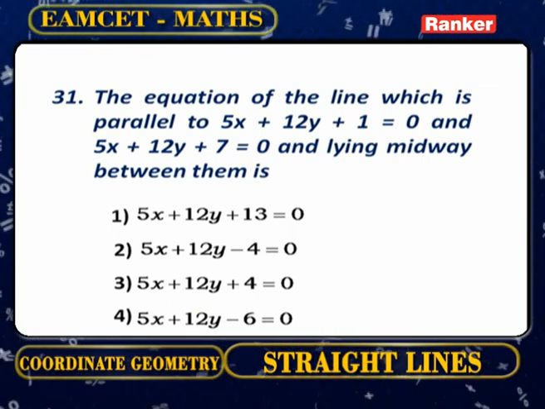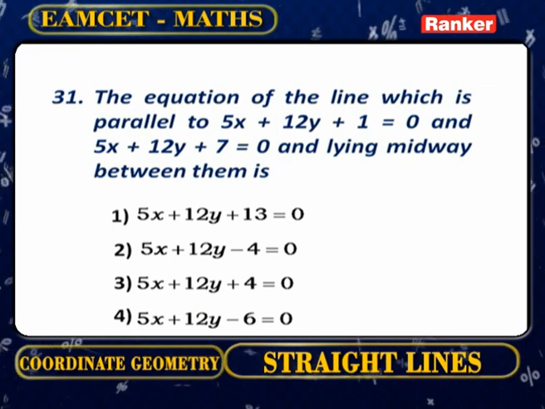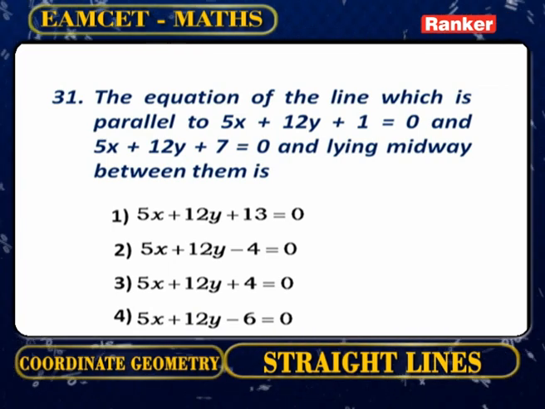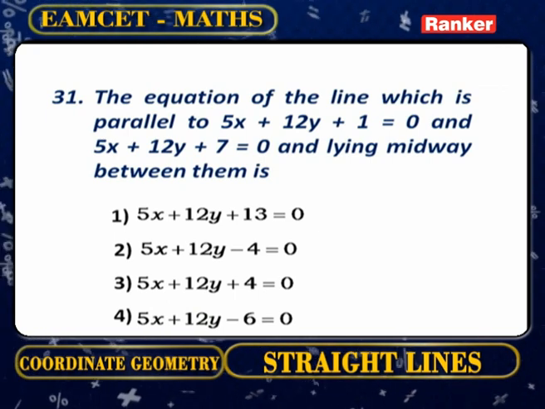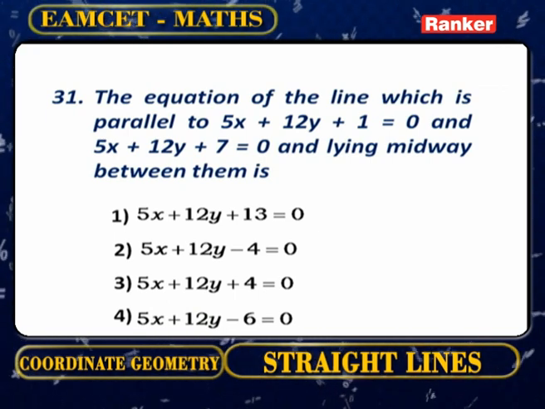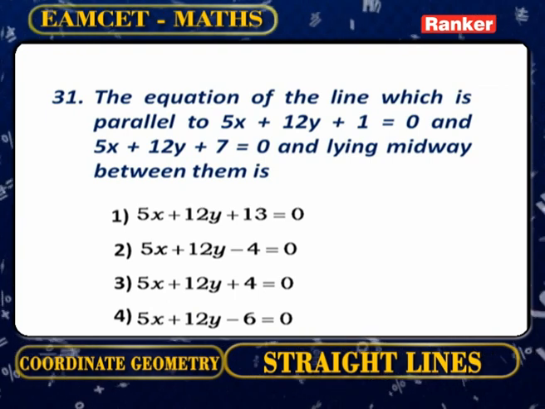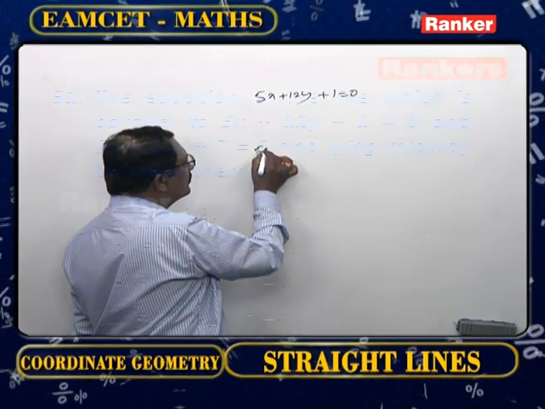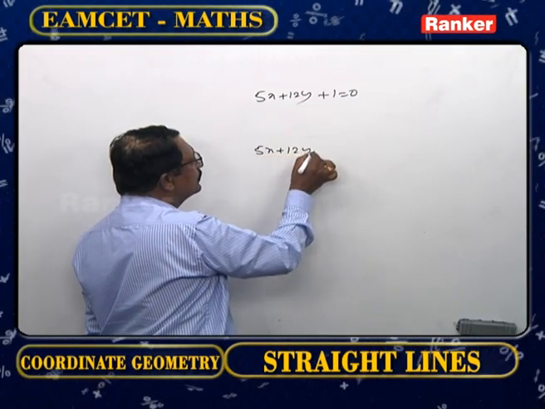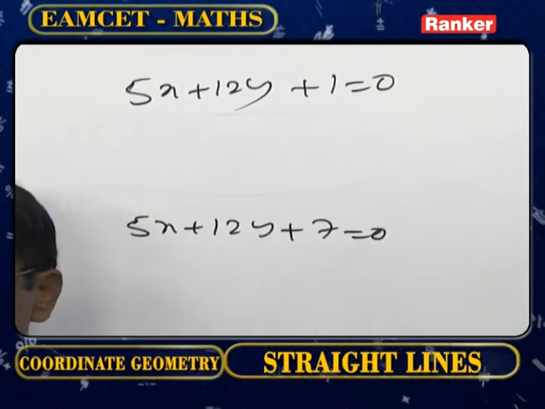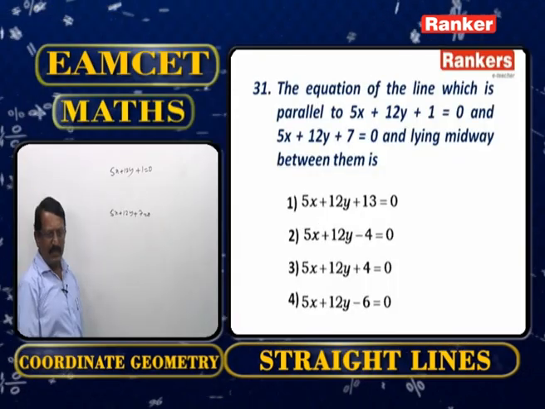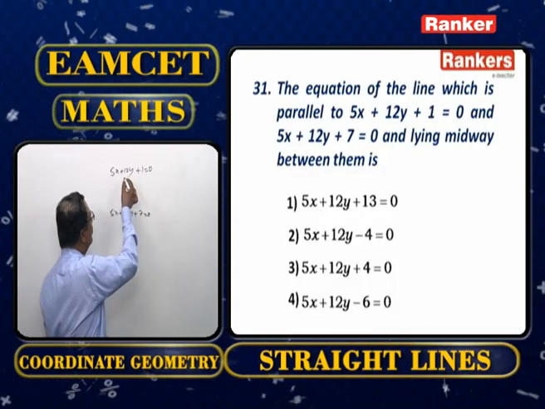The equation of the line which is parallel to 5x + 12y + 1 = 0 and 5x + 12y + 7 = 0 and lying midway between them.